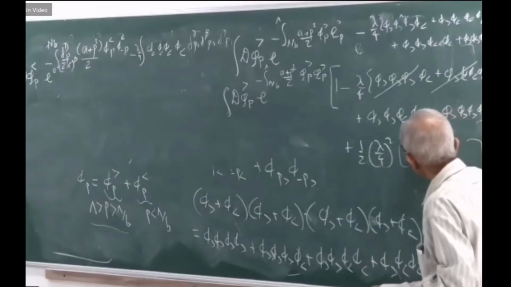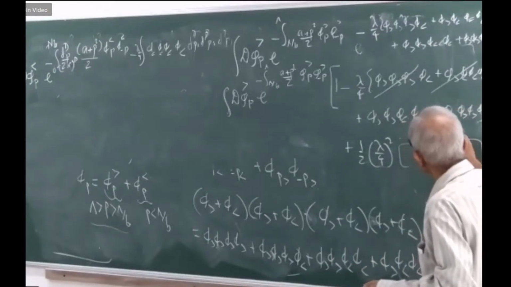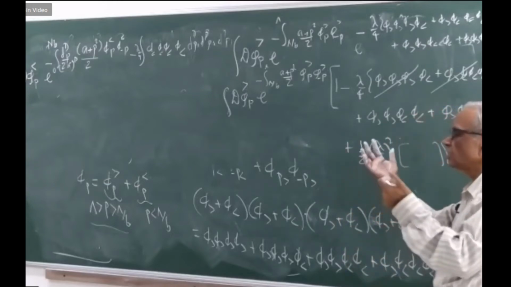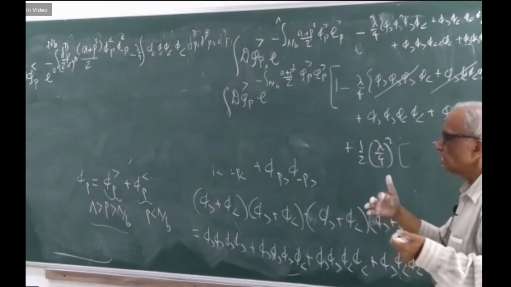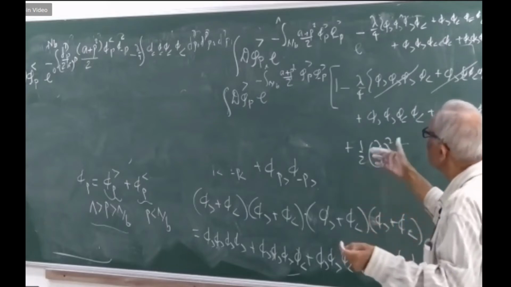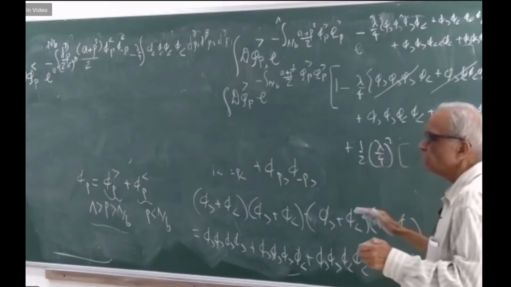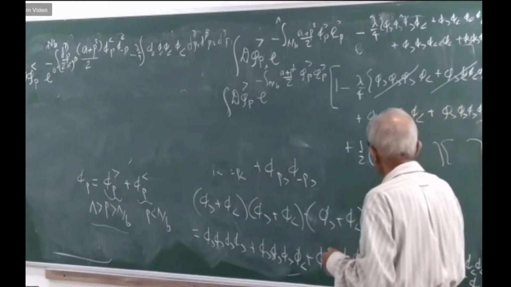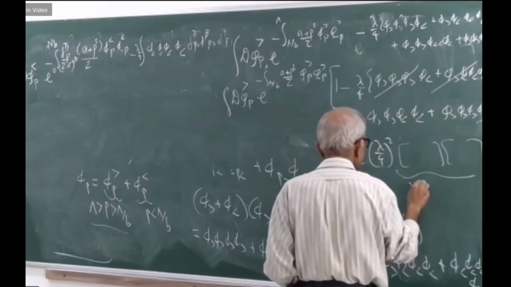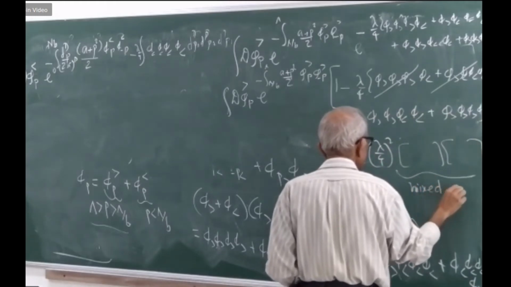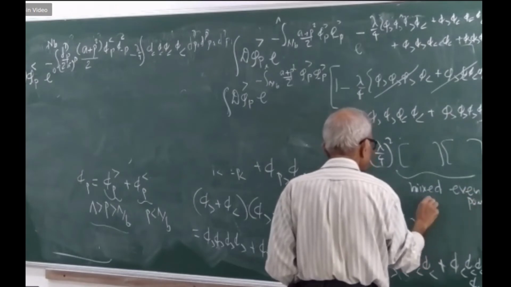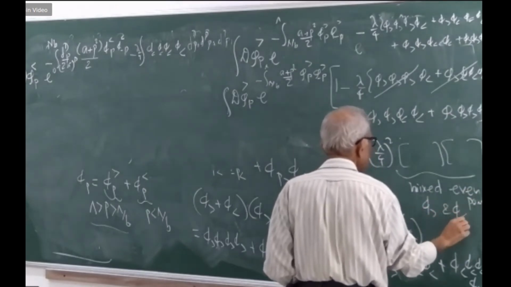Similarly, when you start looking at this too, there would be terms which have a mixture of phi greater and phi less, and others which are only phi greater. Only phi greater is of no importance. It is only the mixed, even powers of phi greater and phi less.